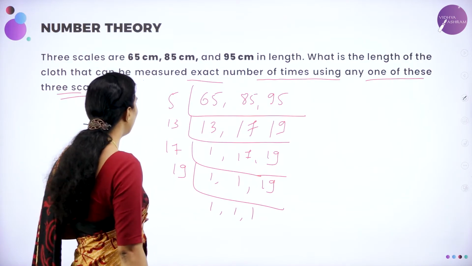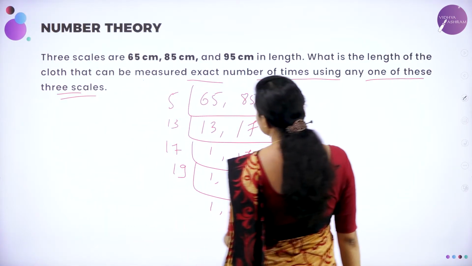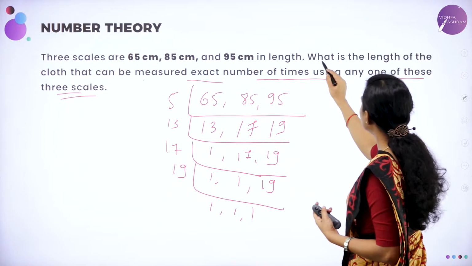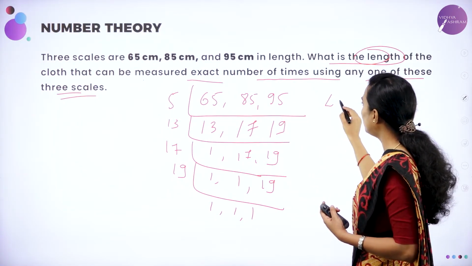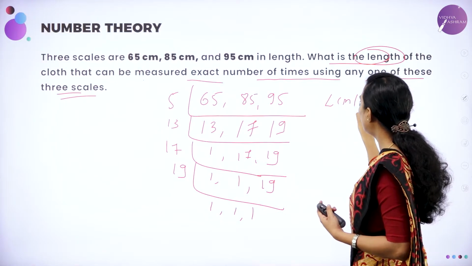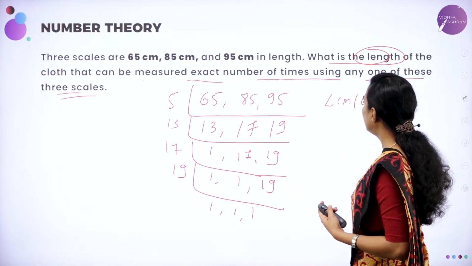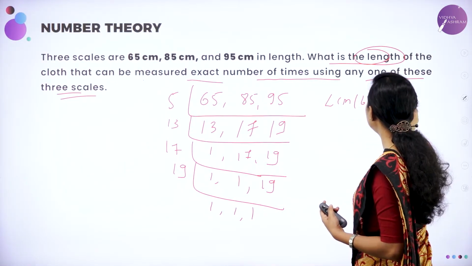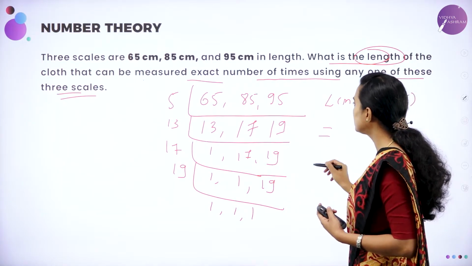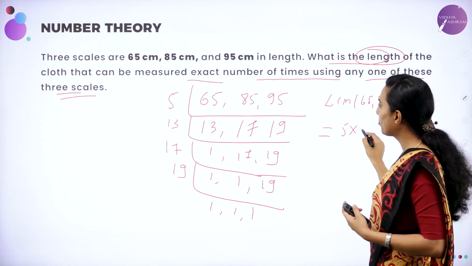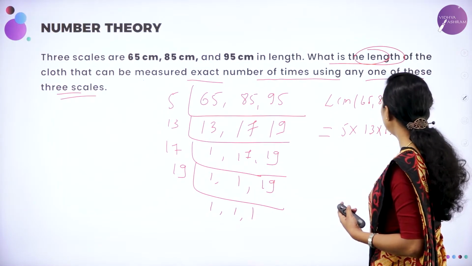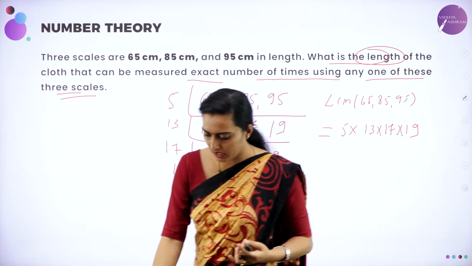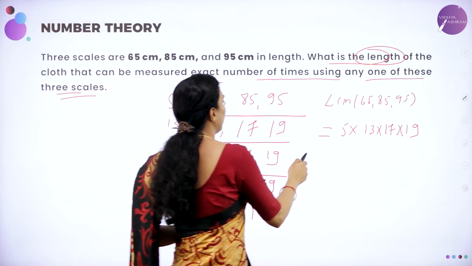So the question asked for the length of the cloth, so the LCM of 65, 85 and 95 gives you the answer 5 into 13 into 17 into 19. The answer will be 10995.